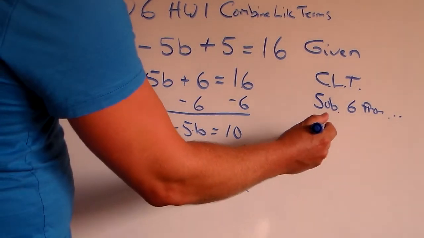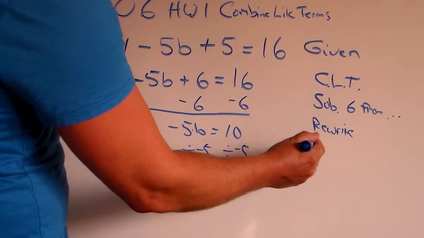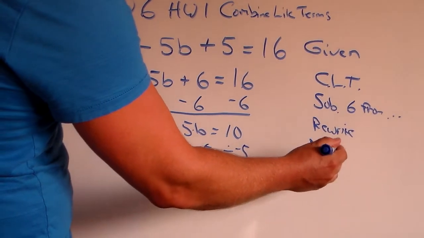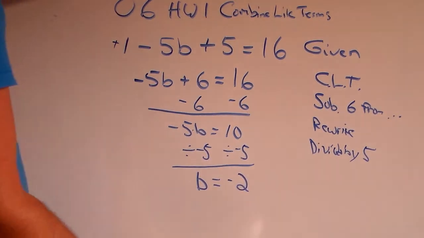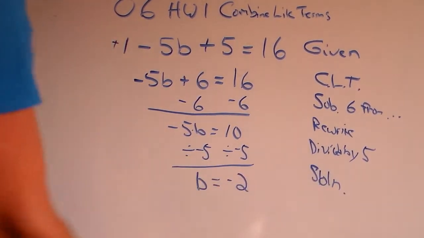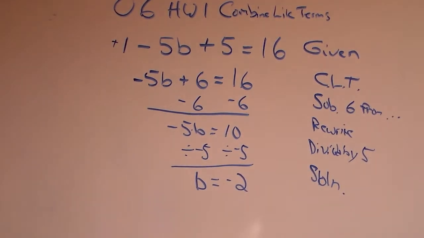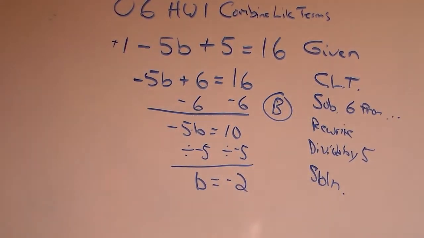Then I rewrote it, make it nice and pretty, so I rewrite it. Then I divide by 5 to both sides, to both sides of the equal sign, and then we have our solution. And that's the answer to problem number 2 here. b equals negative 2, which our answer is B, as the multiple choice.